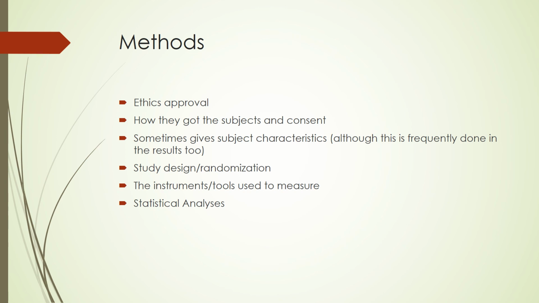The next thing, statistical analysis or analyses. There's almost always a statistical analysis section at the tail end of a methods. After you get the data from your study design, how are you statistically going to show that this was an important thing?